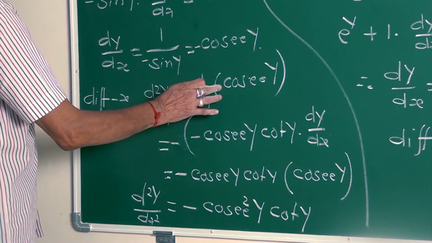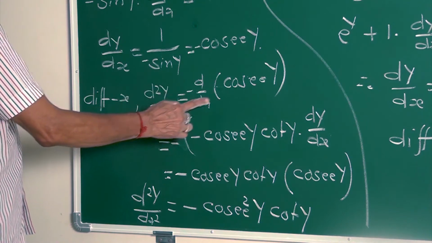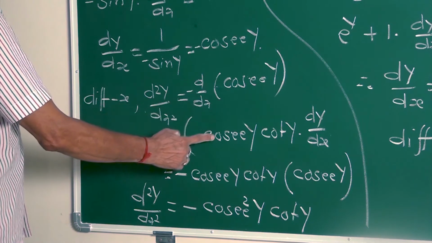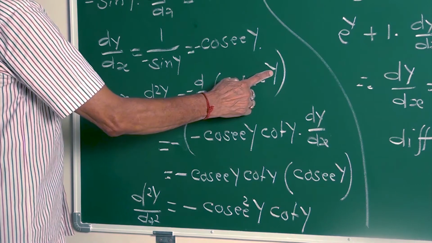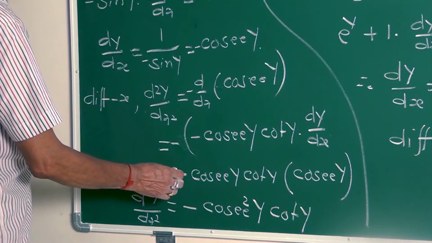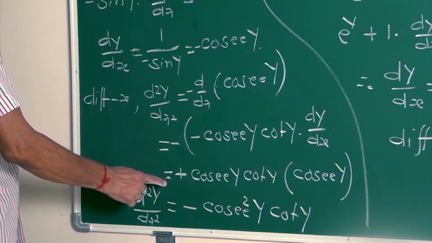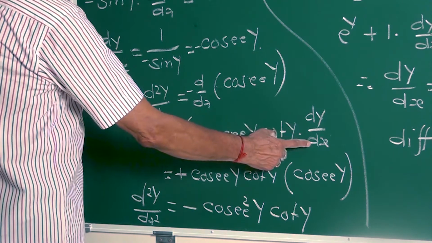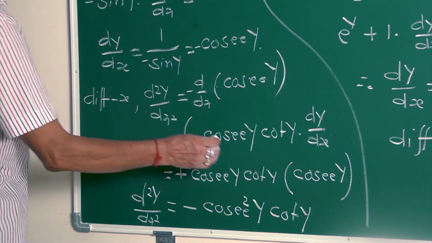I write this minus here. Minus d by dx of cosec y, which is minus cosec y into cot y into derivative of y with respect to x, that is dy by dx. Minus with minus is plus: cosec y into cot y. What is dy by dx, my friend? That dy by dx is minus cosec y.